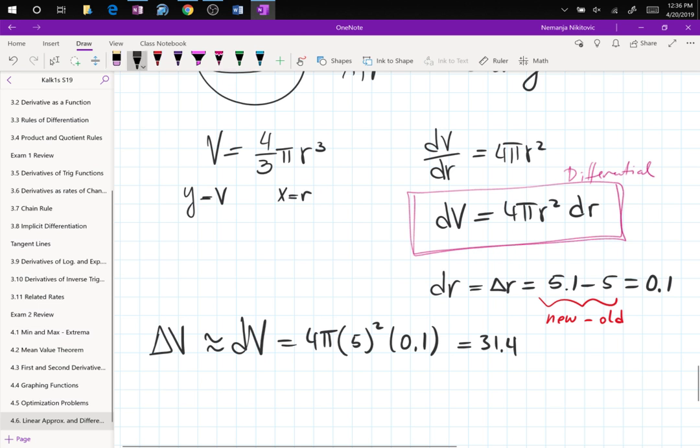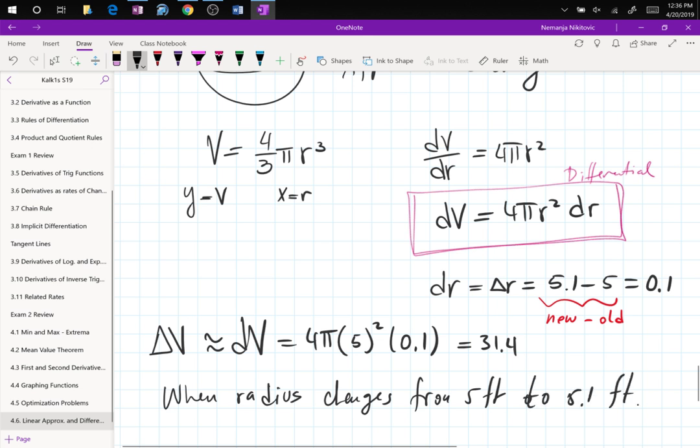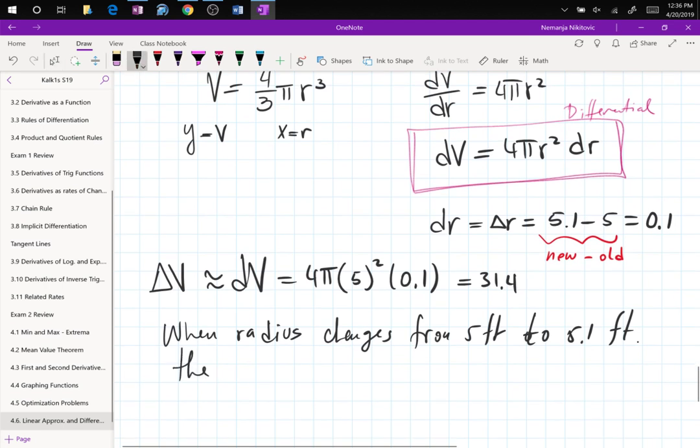So, answer: when the radius changes from 5 feet to 5.1 feet, the volume increases about 31.4 feet cubed.